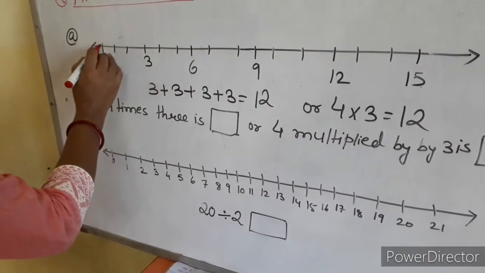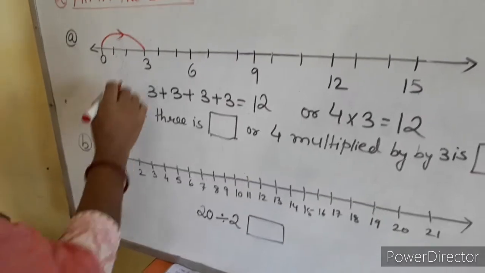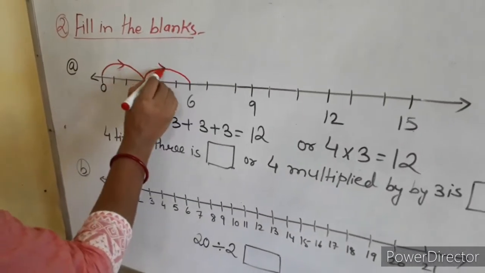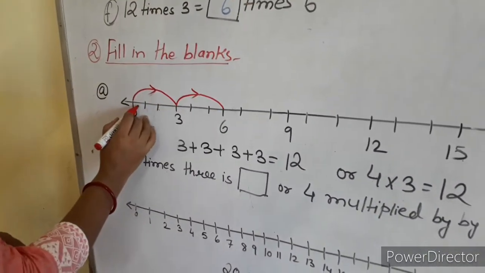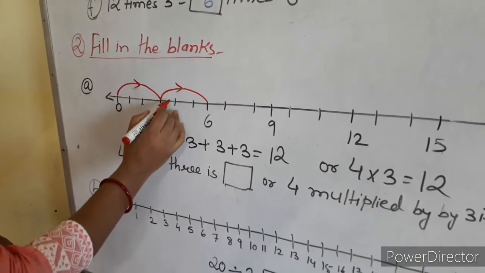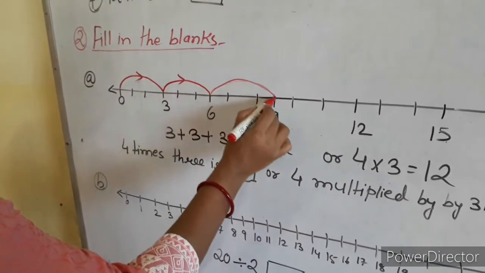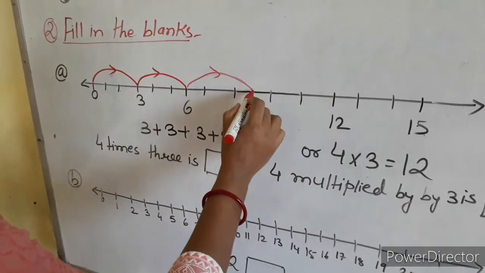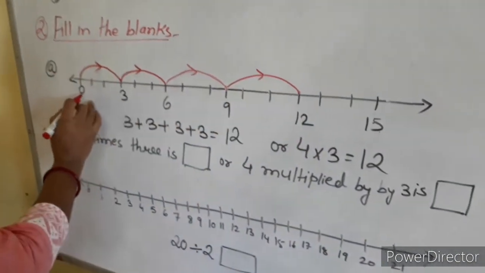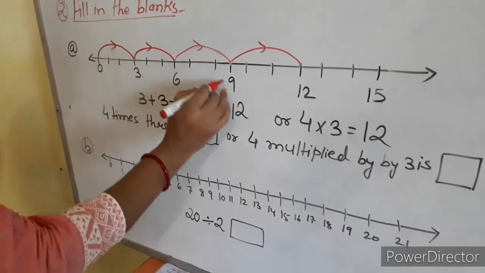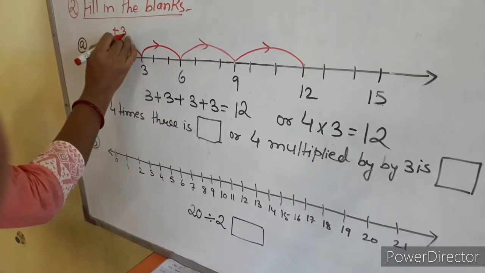Just start from 0. 0 to 3, 3 to 6, 6 to 9, 9 to 12, 3 plus 3 plus 3 plus 3.